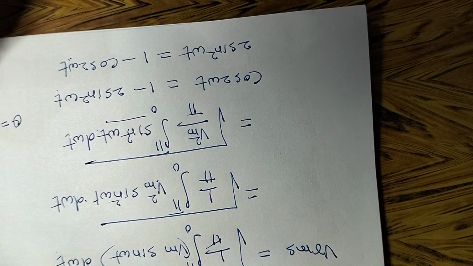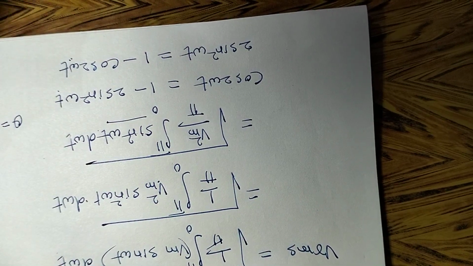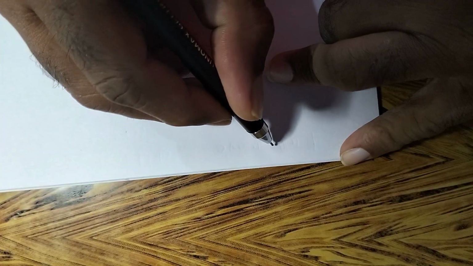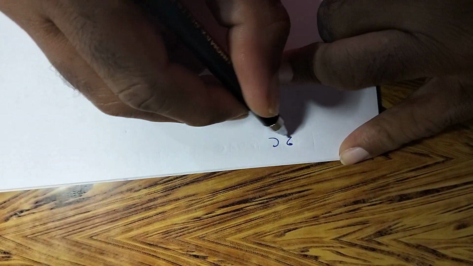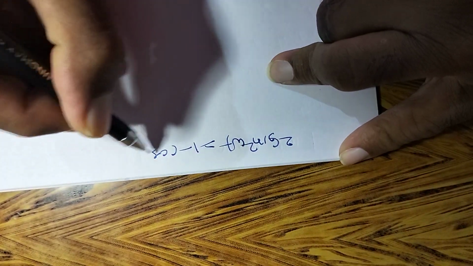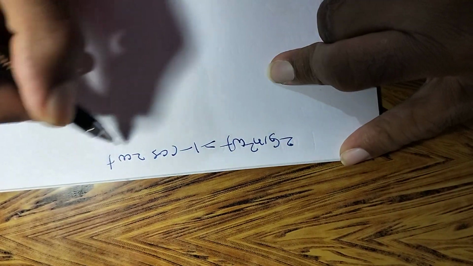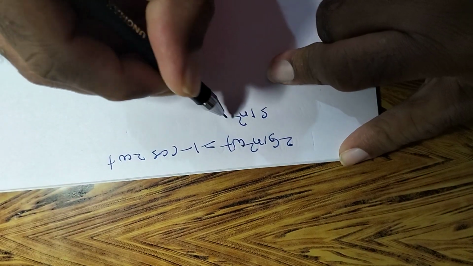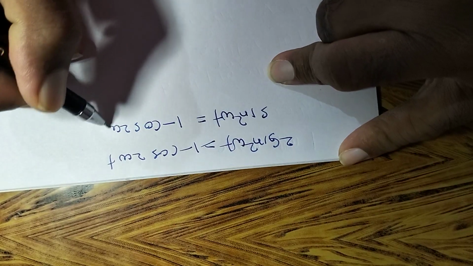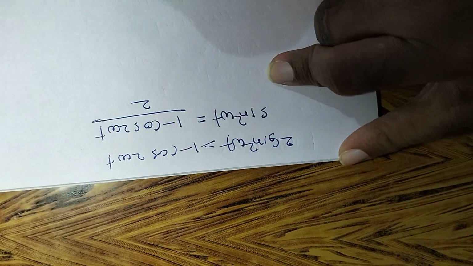Now the 2 goes to the right-hand side: sin square omega t equal to 1 minus cos 2 omega t divided by 2.